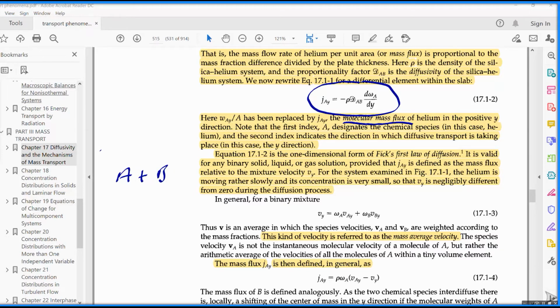Inside any control volume, we can define the velocity of this binary mixture by this formula.